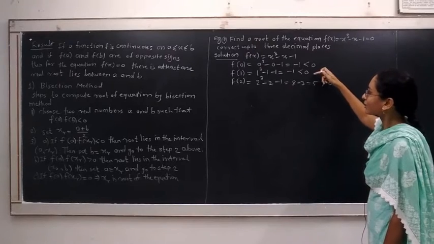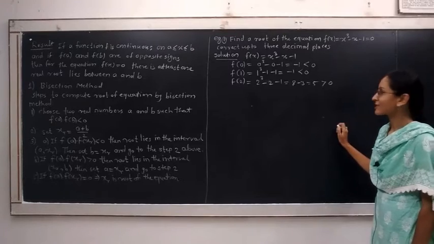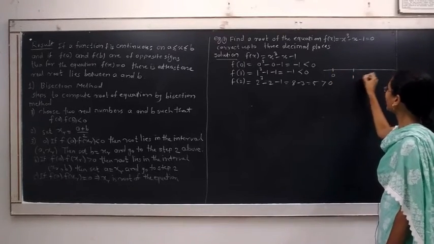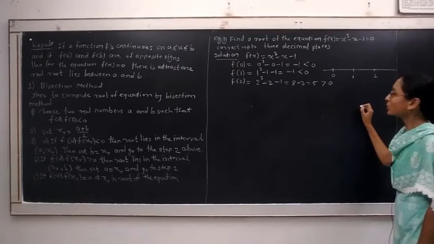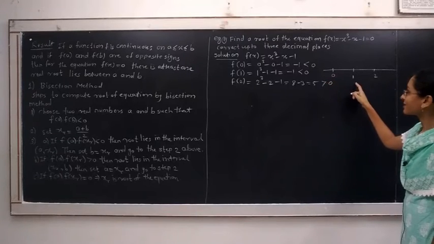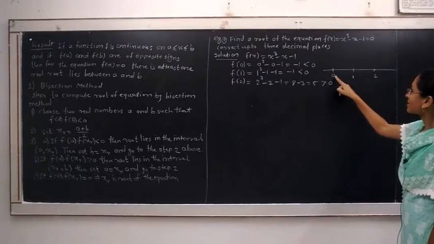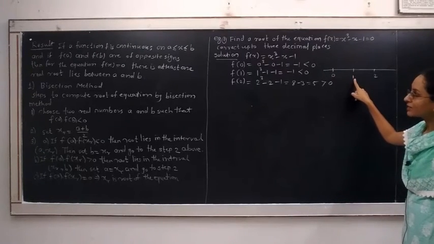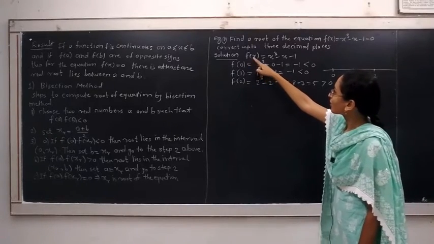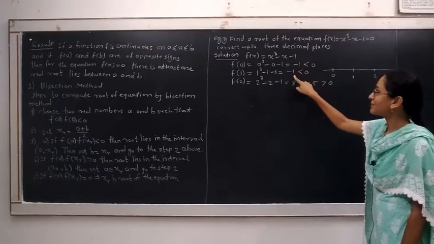Therefore, the closest numbers for which f takes different signs are 1 and 2, because 0 and 1 give function values of -1 and -1, which have the same signs.